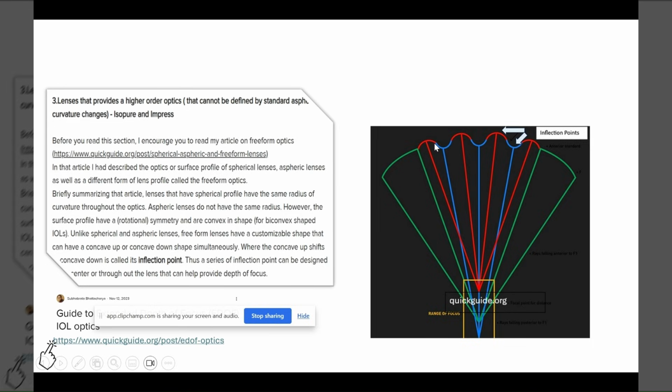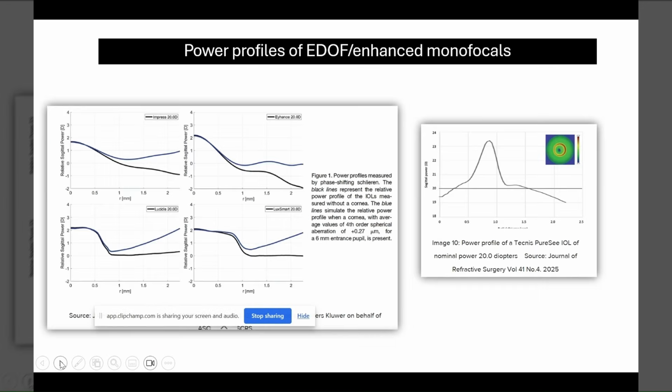Here you have a concavity down, you have concavity up, and this is how the lens provides you a depth of focus, because each ray of light that passes through these inflection points is sent to a particular point. So it creates a series of focal points.